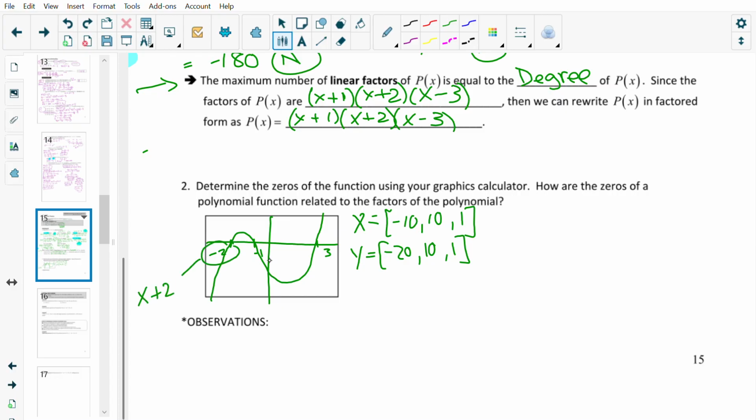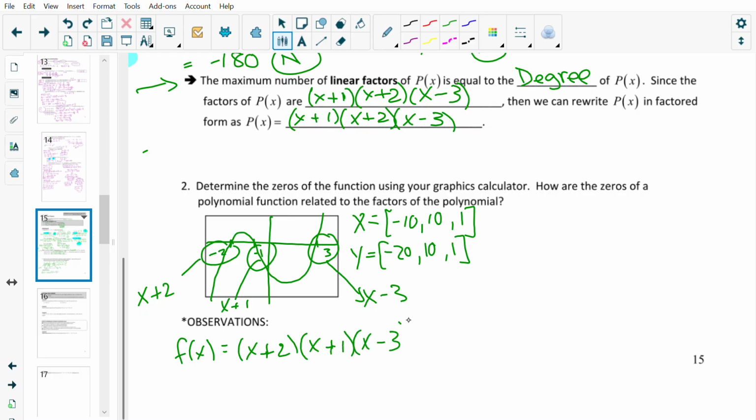There's one factor, x plus 2. There's another factor, x plus 1. And then there's my third factor, x minus 3. Okay, observation. So f of x equals x plus 2 times x plus 1 times x minus 3.